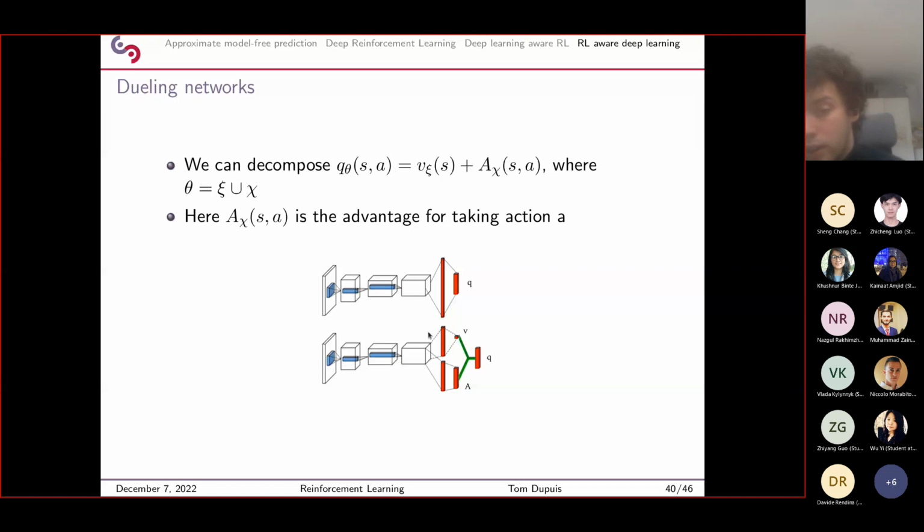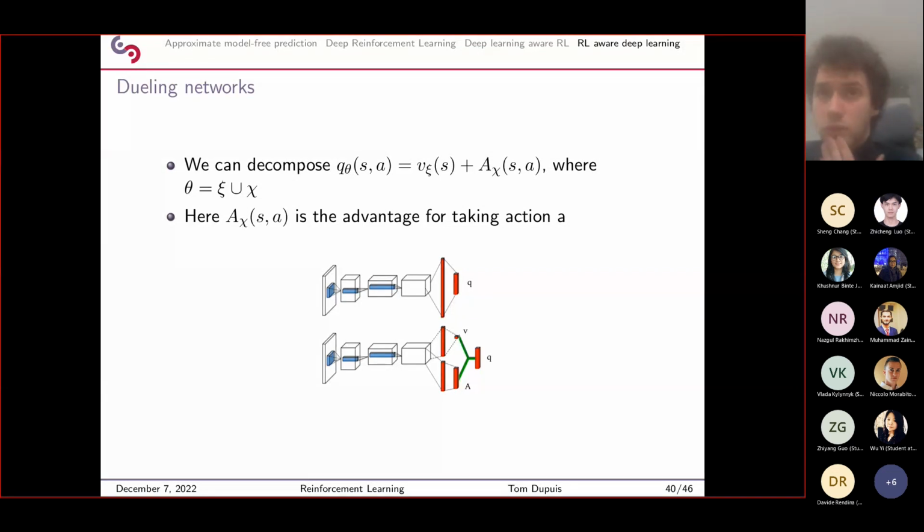Instead of one layer, you have two parallel layers, and it's a way of implementing an inductive bias. But if you hide all the middle parts, the input and output look the same. So the loss is the same. Nothing changes. It's the same mean square loss for Q.